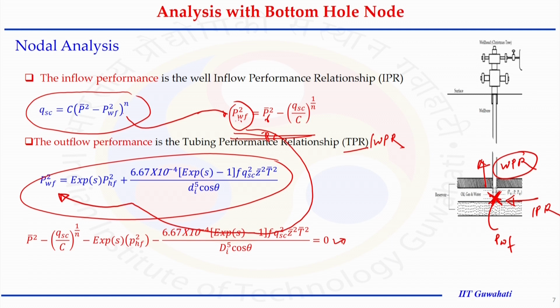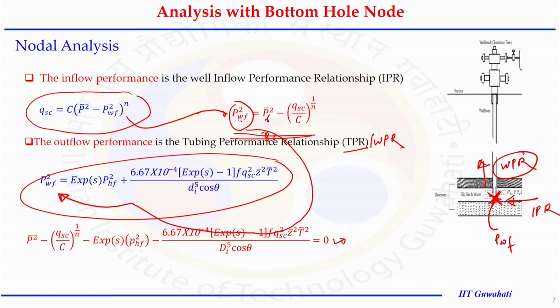Now we have a mathematical equation that relates IPR to PR, and we do not have PWF in this expression, which means we could eliminate PWF. Assuming it was not known to us, with the help of two equations we could eliminate the PWF. If we can solve this equation, we can get the relationship of how my Q is related to different PWF conditions.